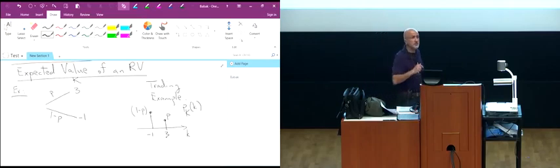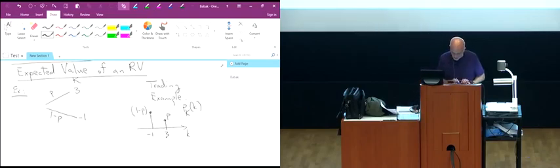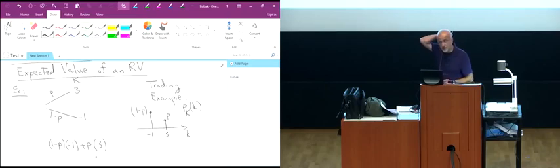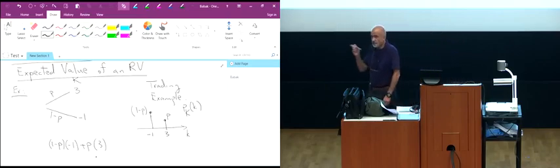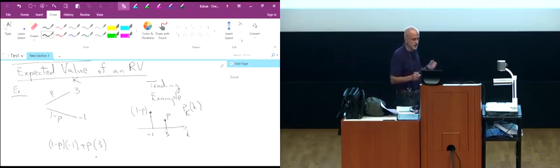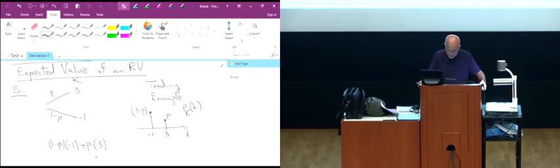Jack? Plus p times 3. Yeah. I would take the mass at the location where it's sitting and multiply it by its location, and multiply the other mass by its location.